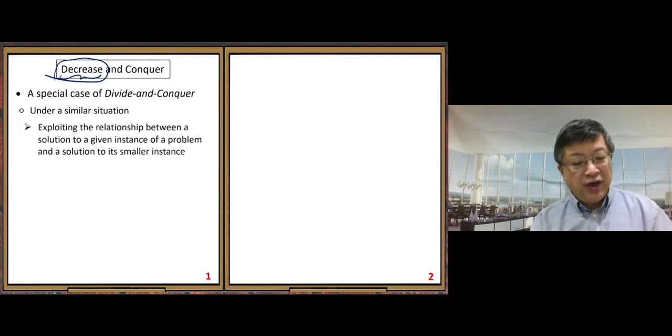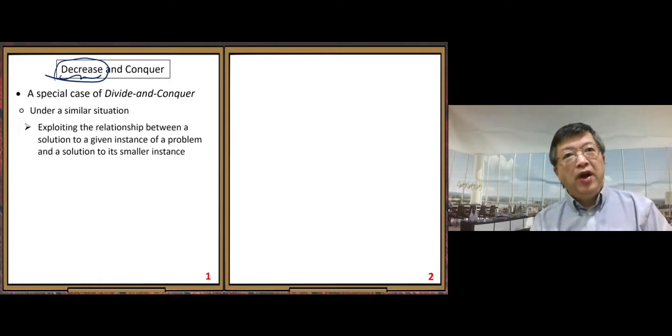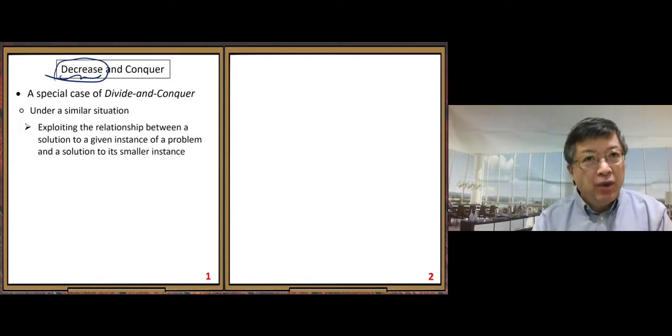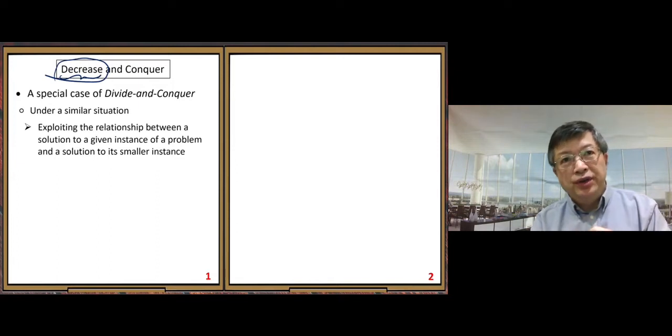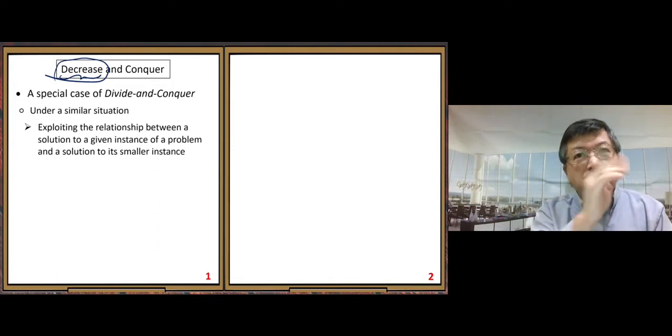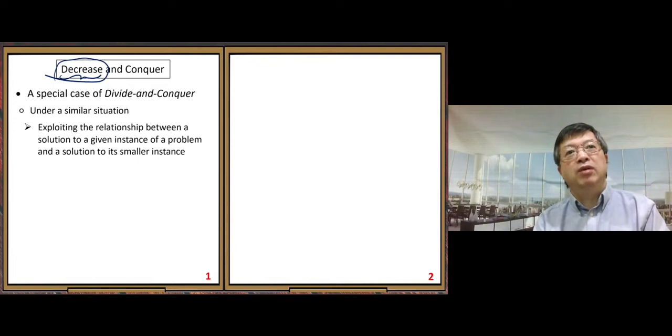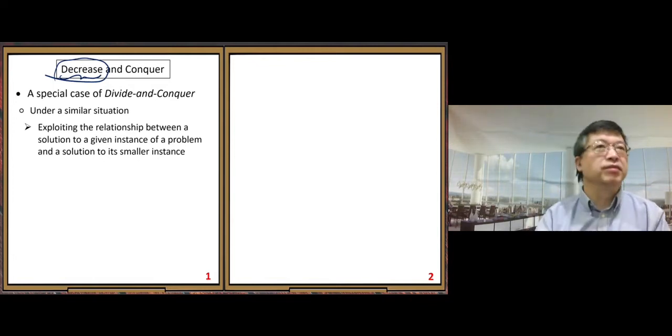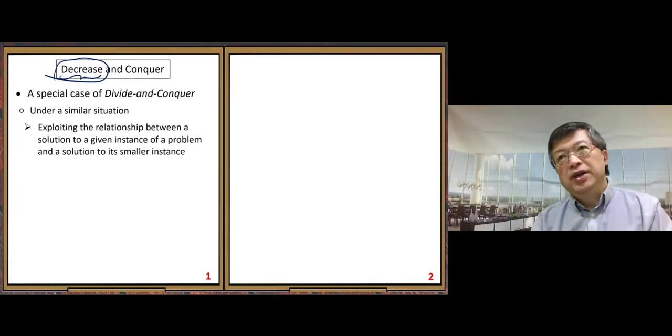The situation is exploiting the relationship between a solution to a given instance of a problem and a solution to its smaller instance. All right.